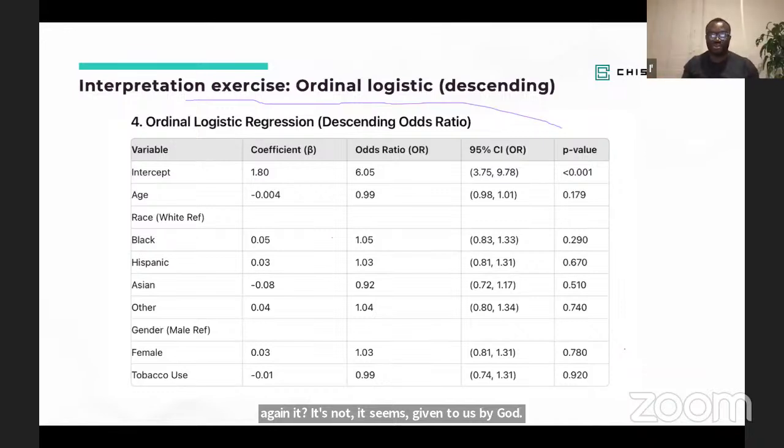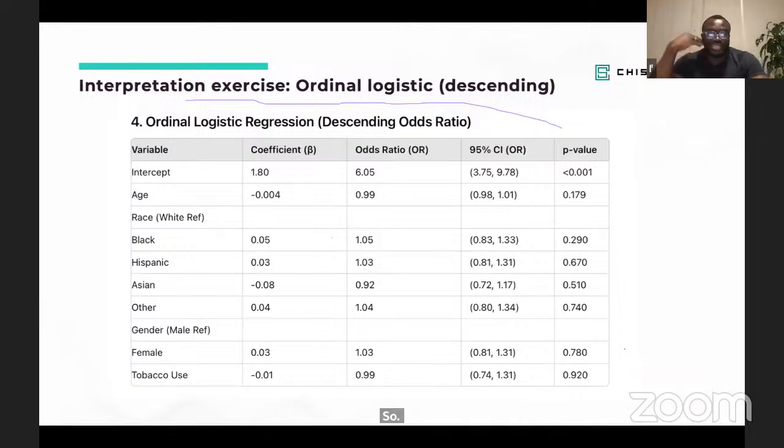You don't want to create a study that is a silo and cannot be compared. If all other studies have used white as a reference group and you want to compare your study with them, then you really have no choice. It's easier to use white as a reference for comparability. So that's one of the considerations.